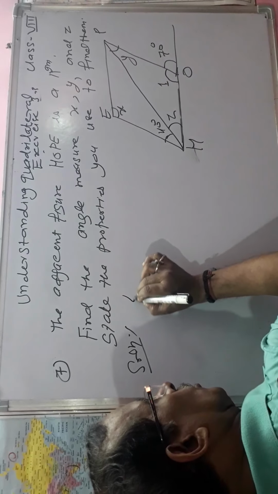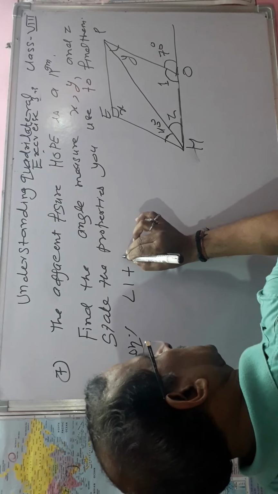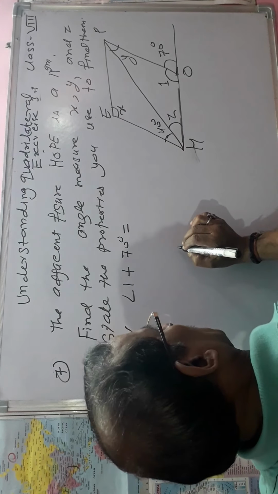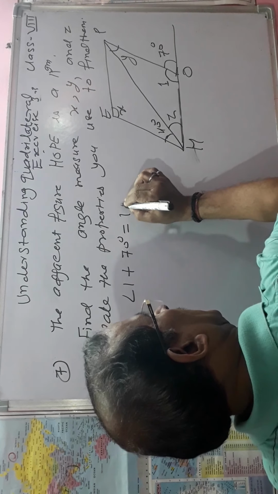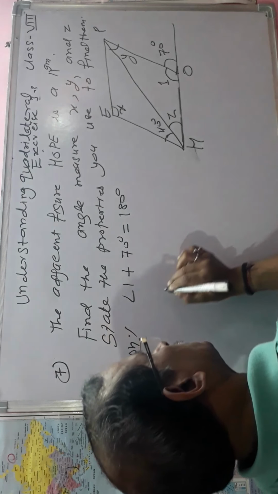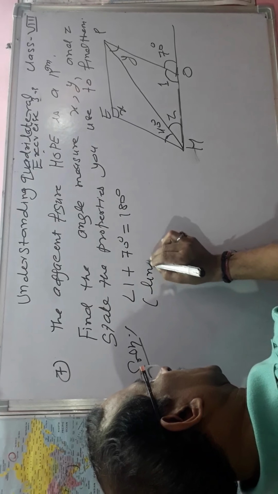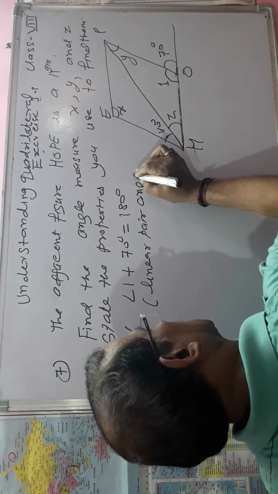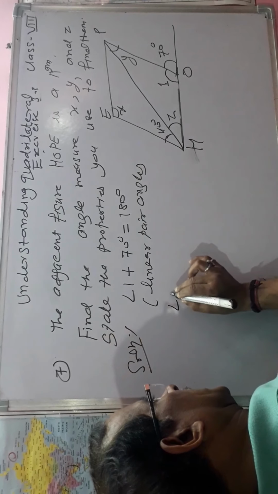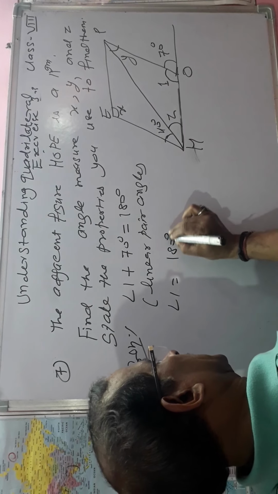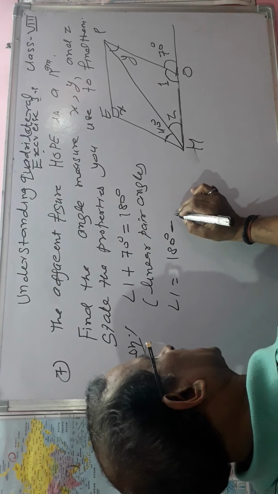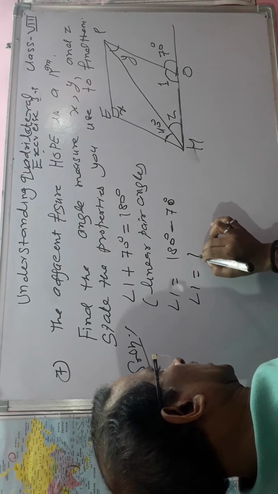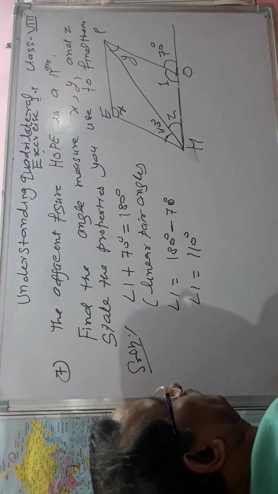Angle 1 plus 70 degree is equal to 180 degree, linear pair angles. Now angle 1 is equal to 180 degree minus 70 degree. So angle 1 is equal to 110 degree.